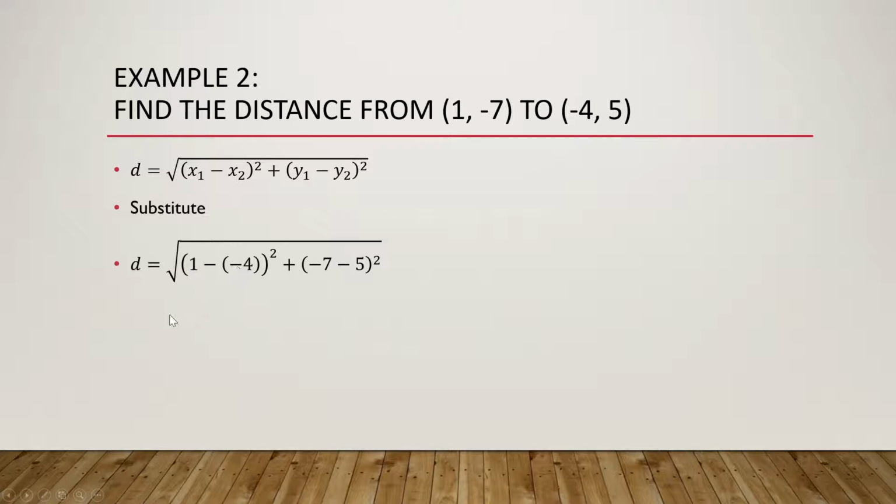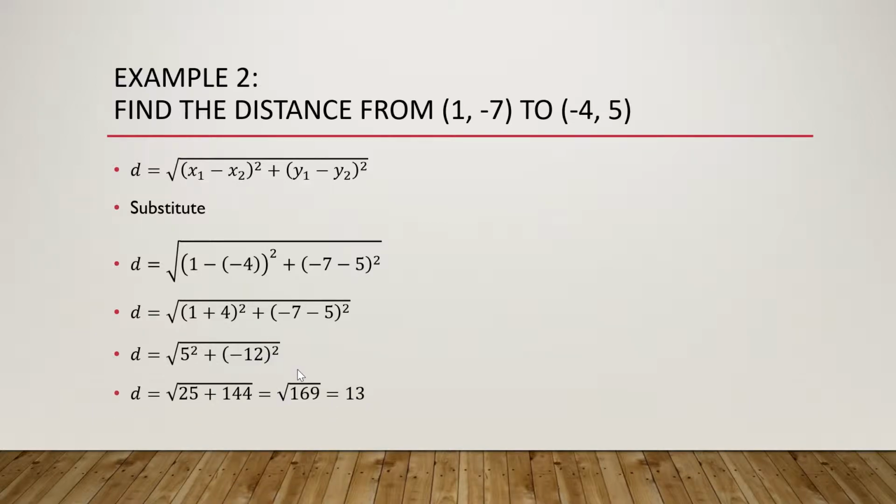So 1 minus -4 turns into 1 plus 4, which is 5. So 5 squared. -7 minus 5, using our keep-change rule, gives us -12, which we're going to square. We end up with 5 squared, which is 25, plus -12 squared, which is 144.